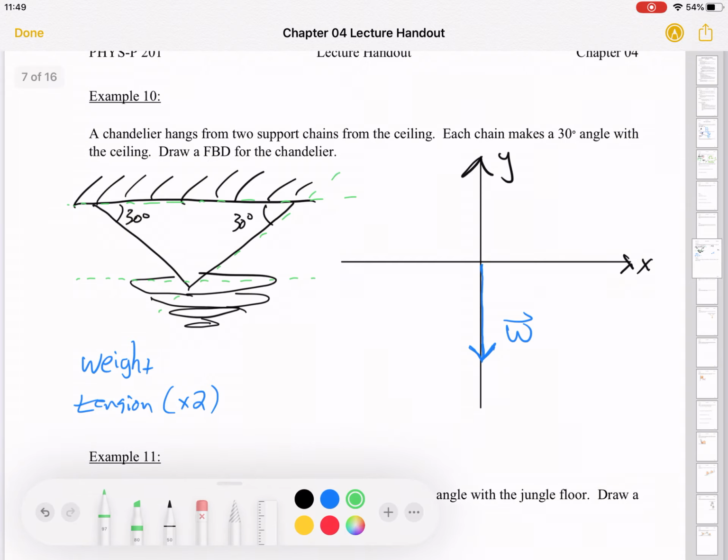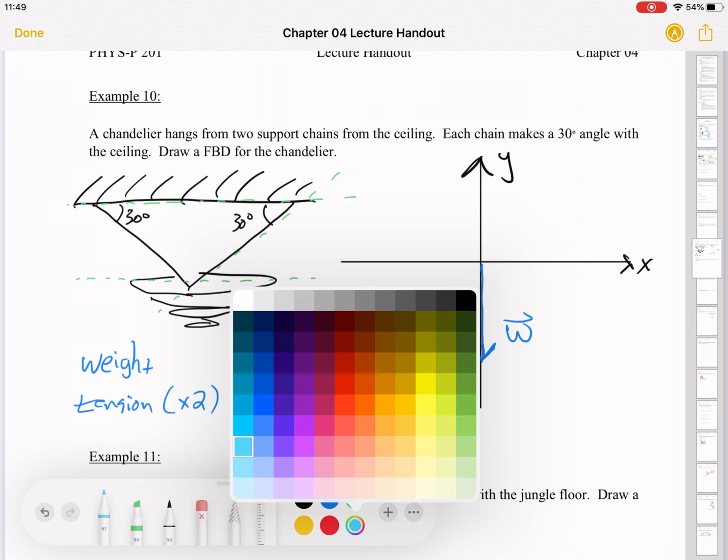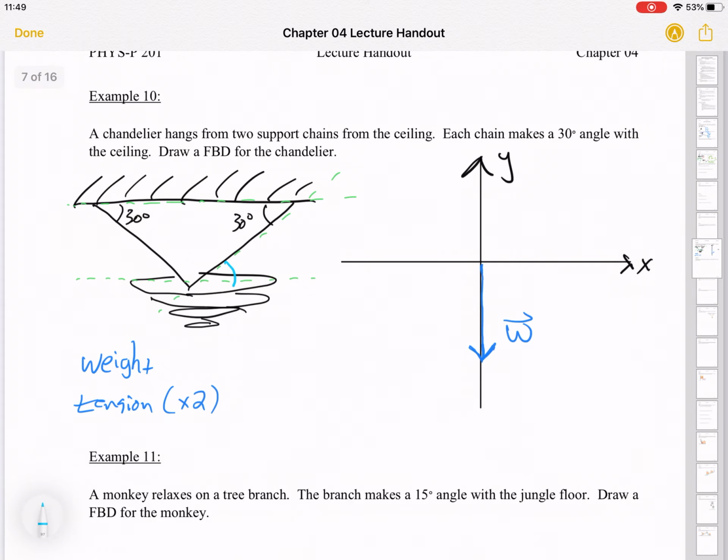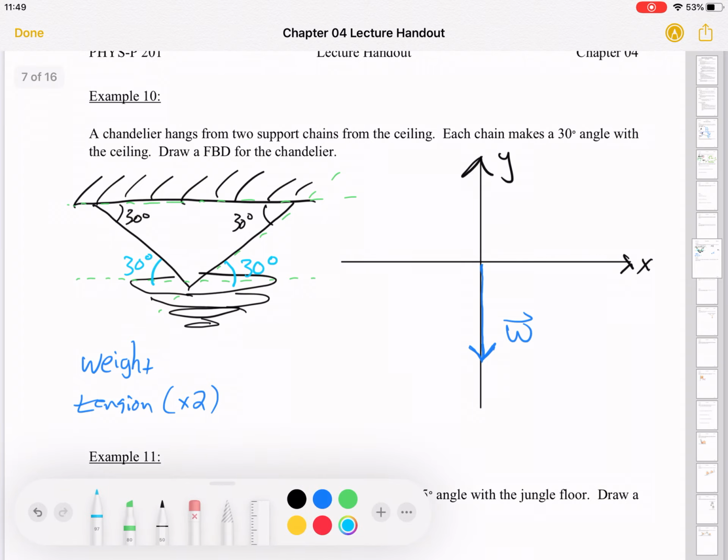If you remember geometry, let's use some other color, turquoise. This is an alternate interior angle, so it's also 30 degrees. You can argue that using other geometry methods as well, but alternate interior angle is good enough for us. So it's going to make 30 degrees with the x-axis. That's what I'm saying.